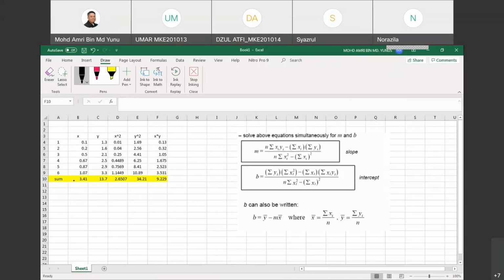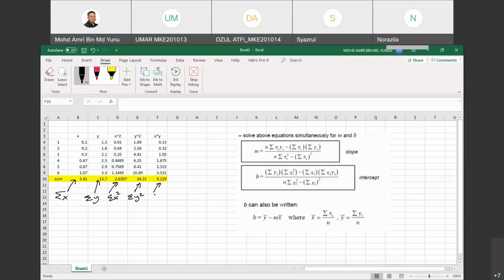Right, so this is the sum of x, and this is the sum of y. This is the sum of x squared. This is the sum of y squared.